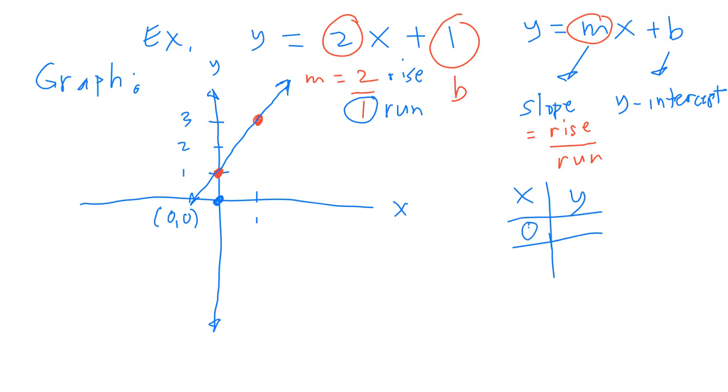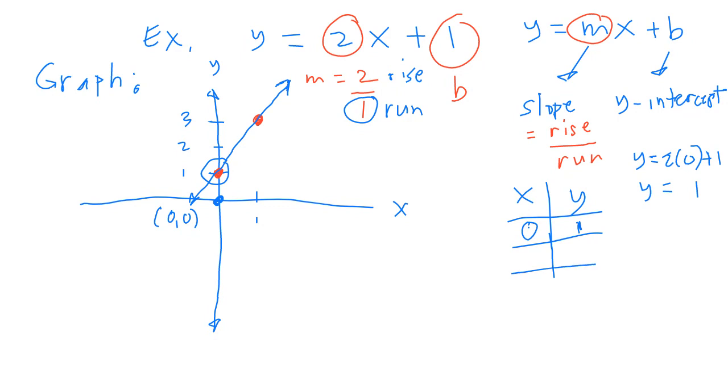So I plug in X as 0. So I will get Y is equal to 2 times 0 plus 1. Then I will get Y is equal to 1. So it goes here. That's actually the y-intercept over here, right? So that's the first point.